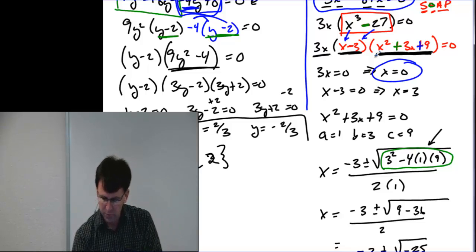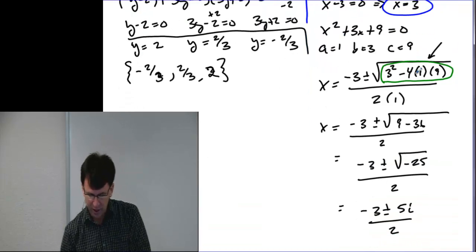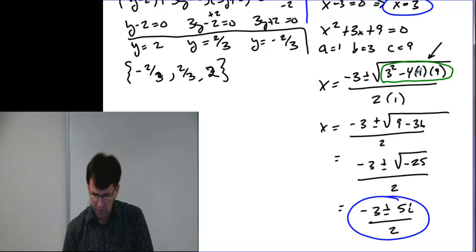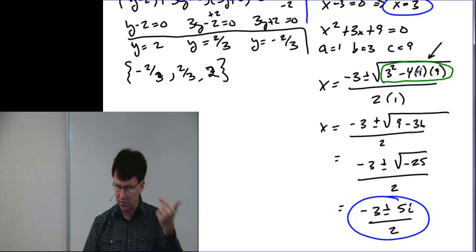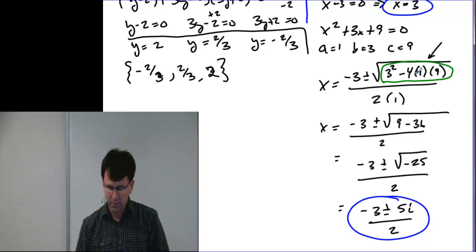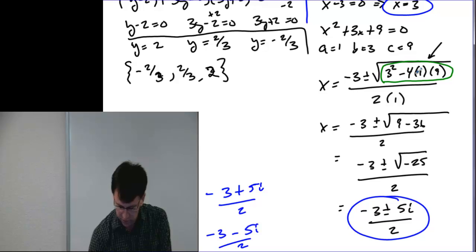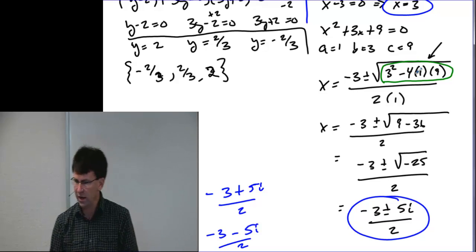I had x equals 0, that was one of my answers. I had x equals 3, that's one of my answers. And this right here represents 2 answers, because I have negative 3 plus 5i over 2 and negative 3 minus 5i over 2, to show all 4 of my answers.